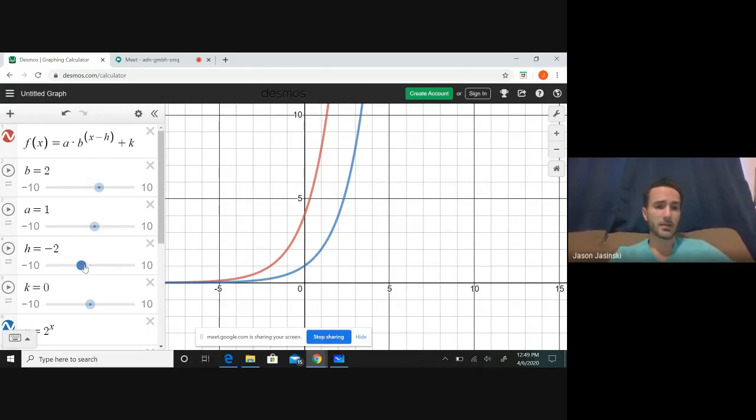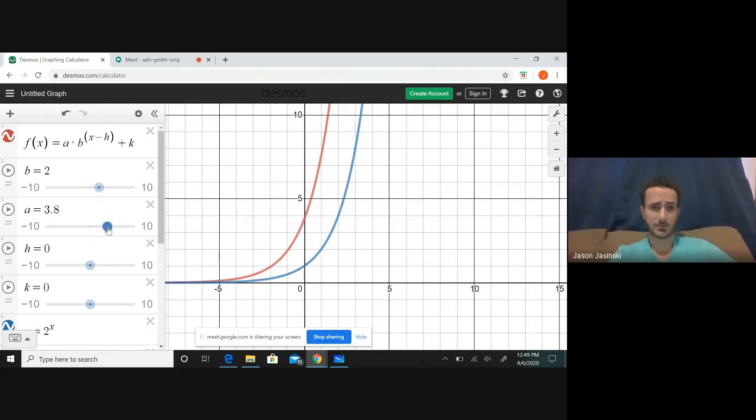Okay, the value of a is a little confusing. Basically, a has to deal with how soon or delayed the growth occurs. So if a is a bigger number, it accelerates that growth sooner because it multiplies by the growth factor.